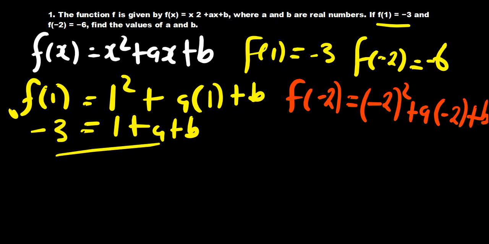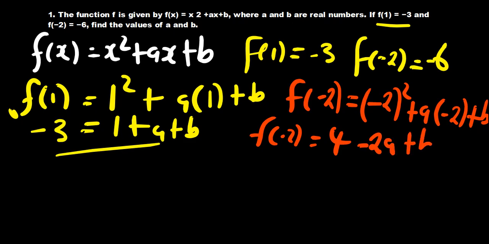Negative 2 squared will just give us 4, minus 2a plus b. Now we're saying our f of negative 2 is equal to negative 6. So this will be negative 6 is equal to 4 minus 2a plus b.